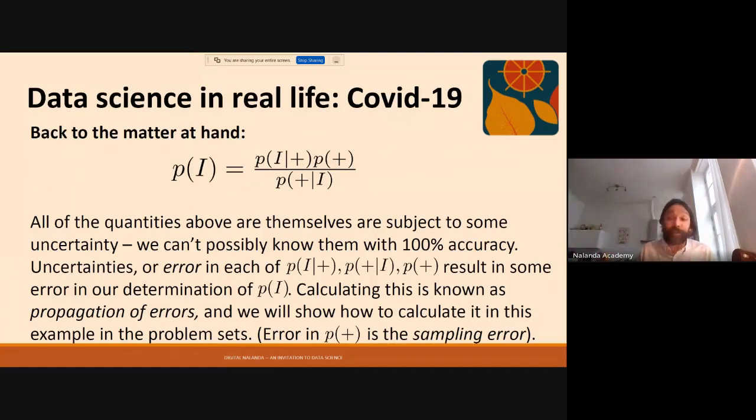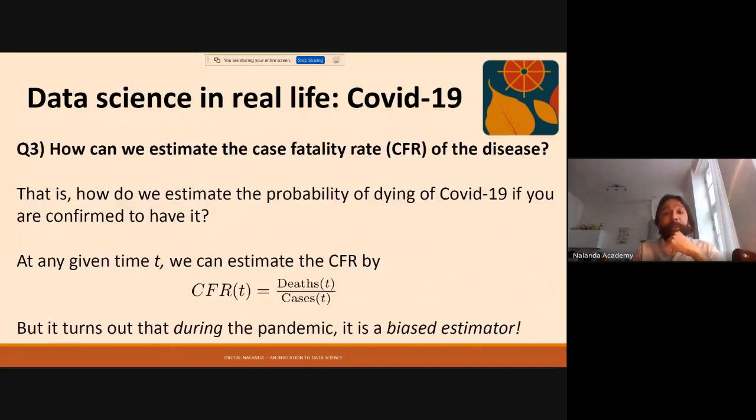If I only took a sample of 2 and one of them is infected, I get 50%. But if I took a sample of 100 and then one of them is infected, that fraction is now 1 out of 100, right? And that's starting to get closer and closer to the true underlying fraction of infected people in the population. So that's known as sampling error.